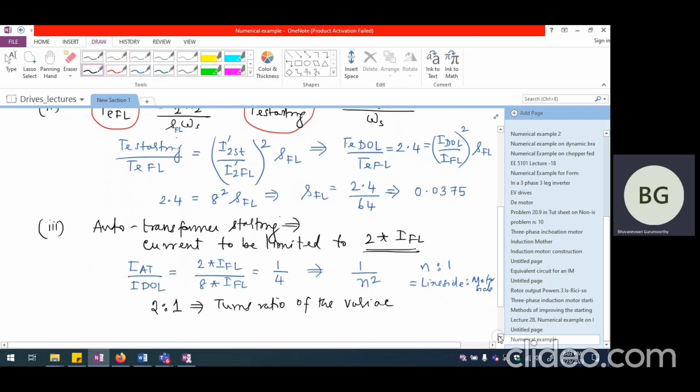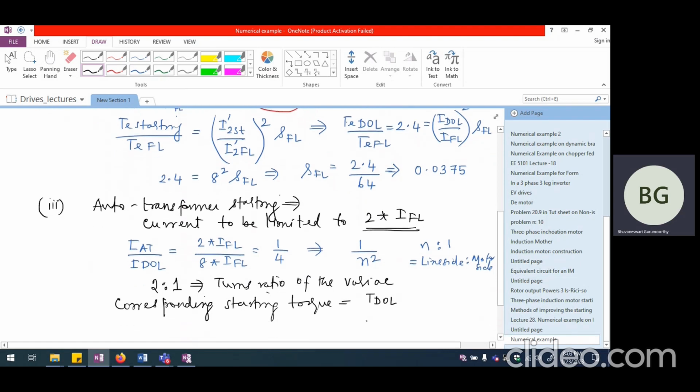And if we have to calculate the corresponding starting torque when I'm using the auto transformer starting, this will be again whatever is the torque during DOL condition divided by 4, because both current as well as torque will be reduced by a factor of 1 by n square.